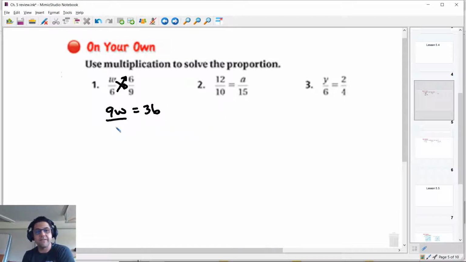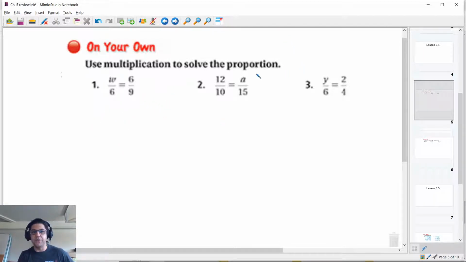So we're just going to go ahead and divide by 9 on both sides to get W is equal to 4. Now, if I were to put that there and then go ahead and check it like we did on the last lesson, they would come out to have equivalent fractions, proportional. So again, remember, it's already telling you it is a proportion, so therefore it should be able to be solved, and you could check it if you wanted to.